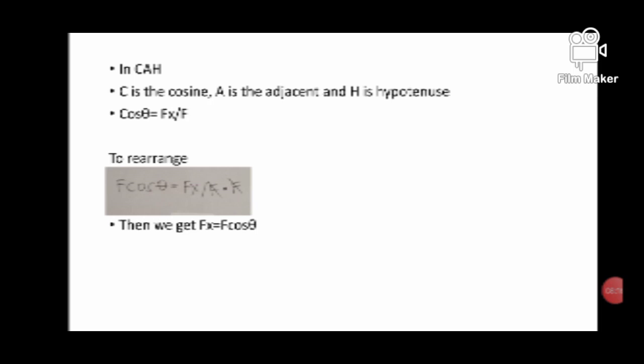So f cosine theta is equal to fx divided by f times f. And the f at the right side of the equation would be cancelled out. Then we get fx is equal to f magnitude cosine theta.